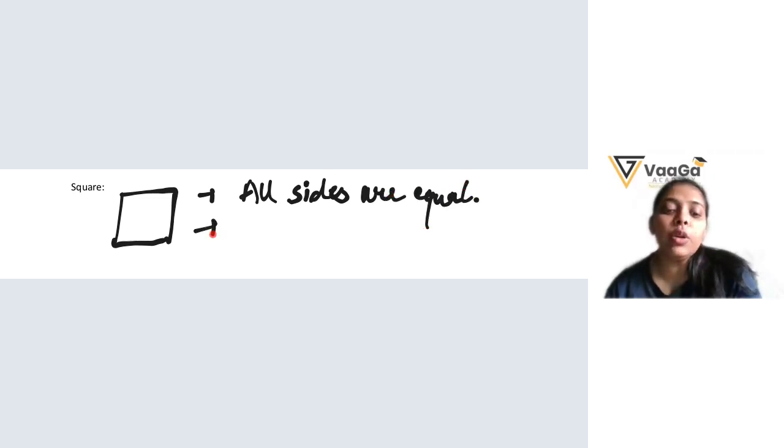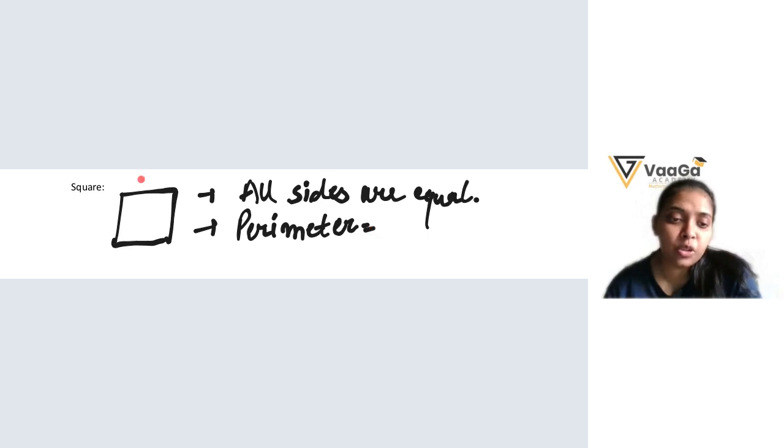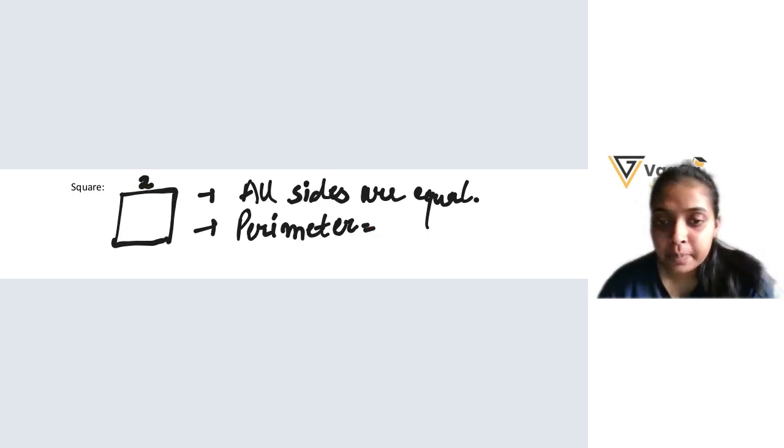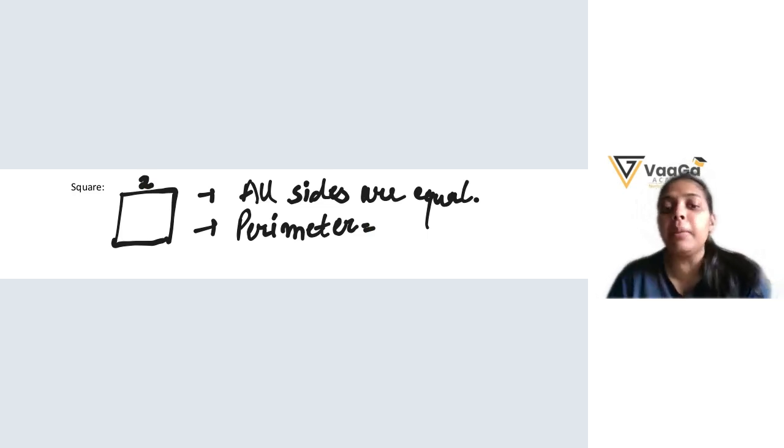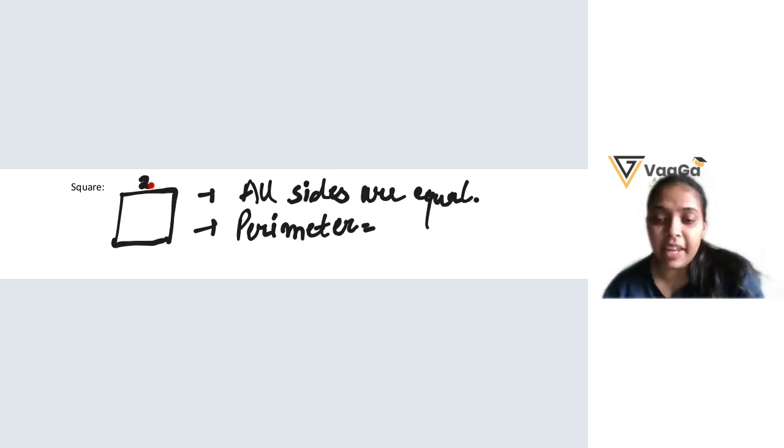If I need to calculate the perimeter, how will I calculate it? If this side is 2, the perimeter will be 8 centimeter. Very good. The perimeter is 8.